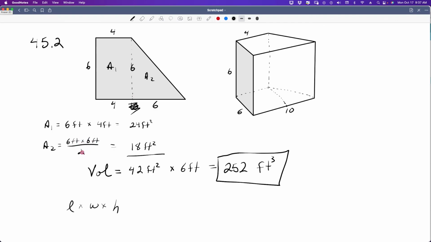And with a triangle, we don't just do length times width. We have to do length times width divided by 2. So our formula for volume is always going to be the area of the base times the height. Okay, that is volume.